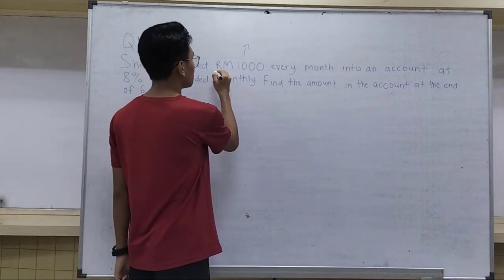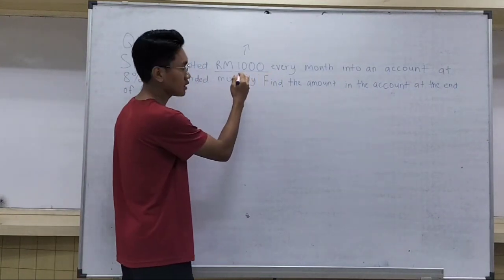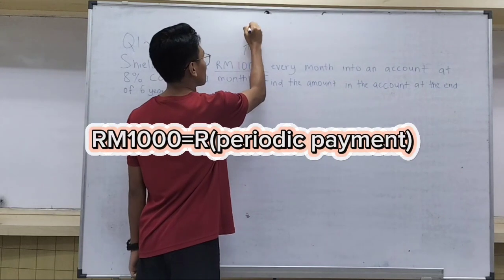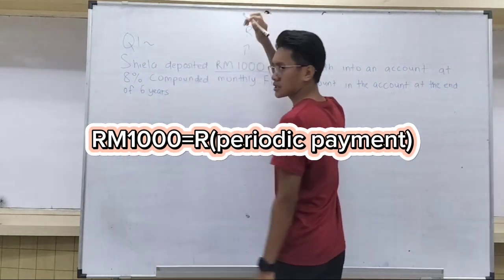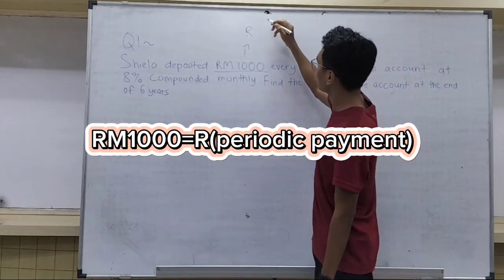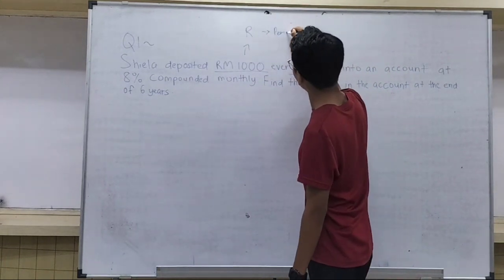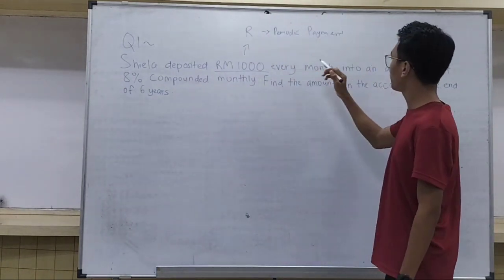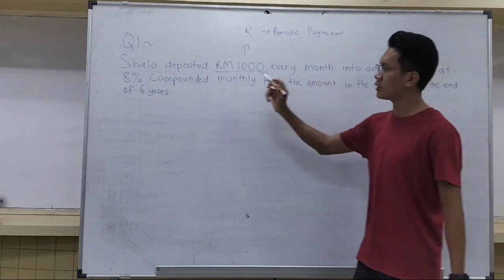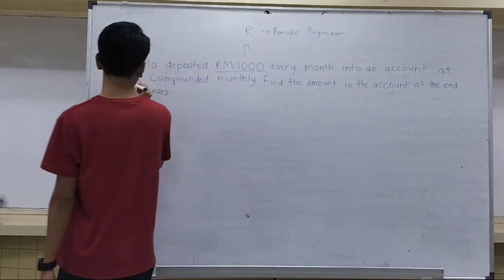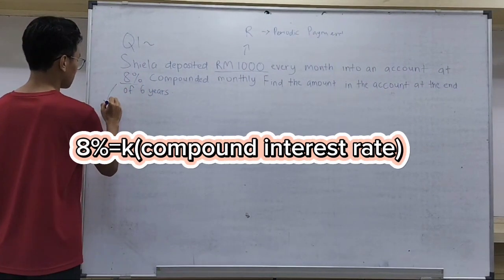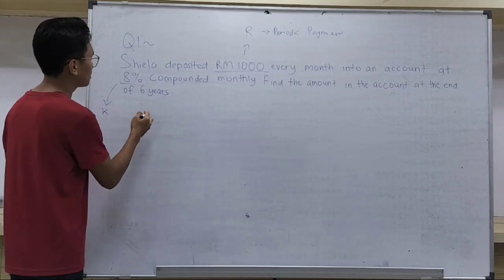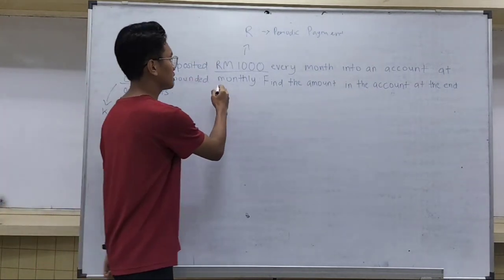So this is 1000, which is R. R is periodic payment every month into an account at 8%. 8% is K. Compounded monthly.